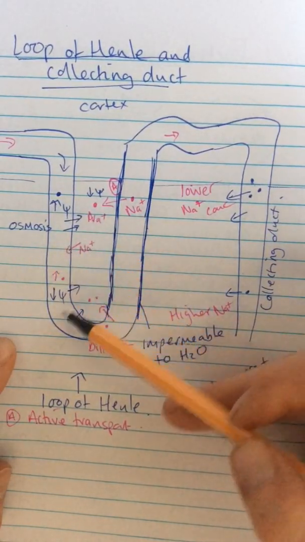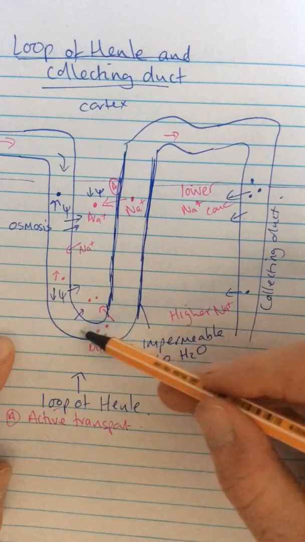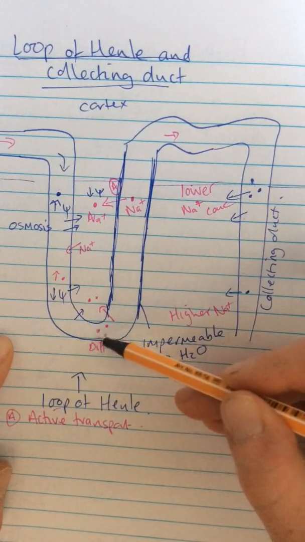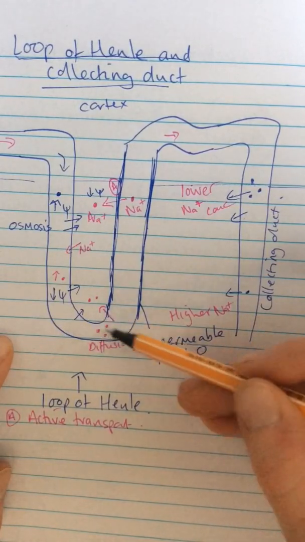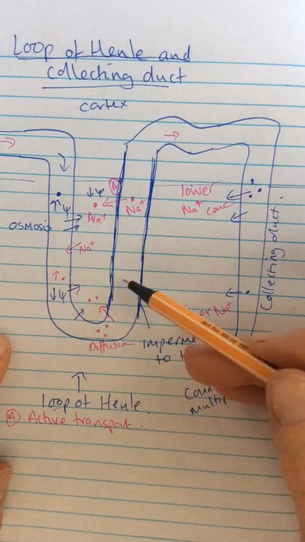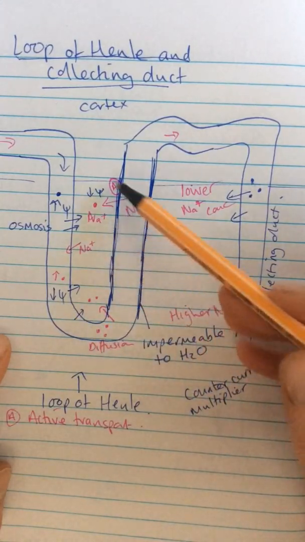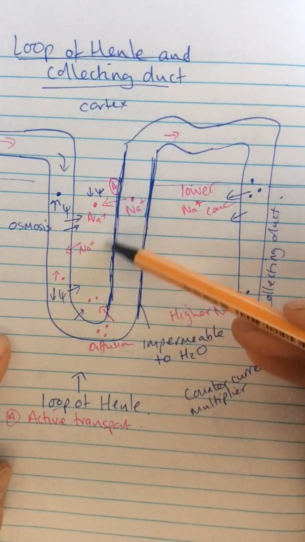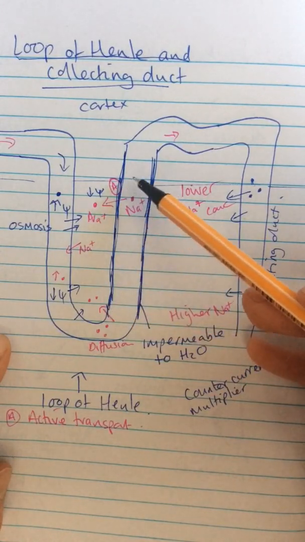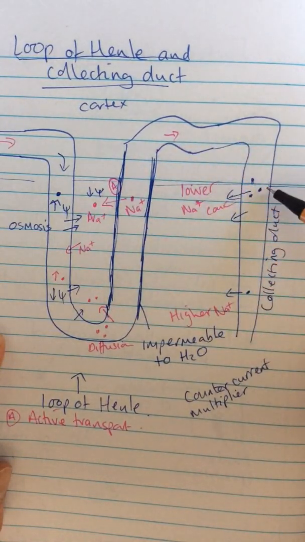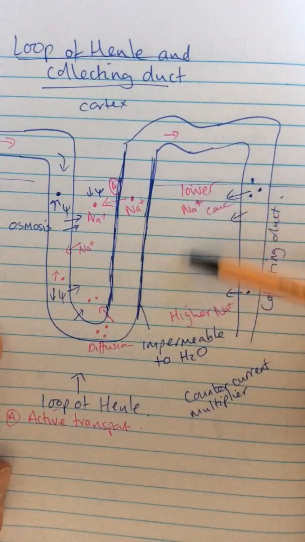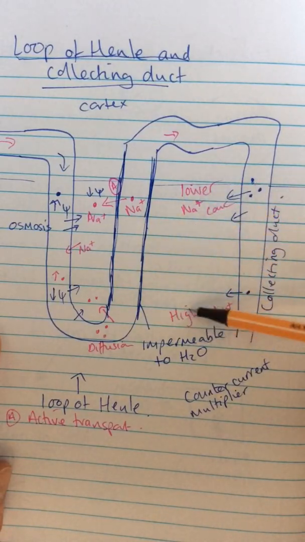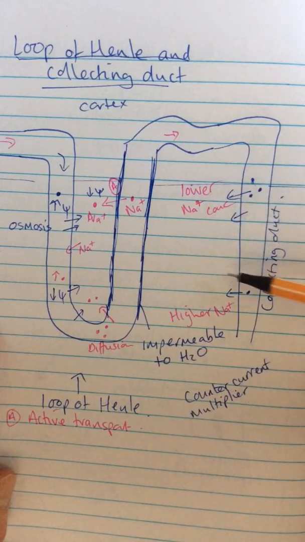Water leaving means the water potential will lower and you'll get more salts, so those sodium ions will leave by diffusion. Water then cannot leave in the ascending limb because the membrane is impermeable to water, which means then that you've got water here. And when we get to the collecting duct, the fact that we've set up this gradient with salty and super salty, water will then leave into the medulla.